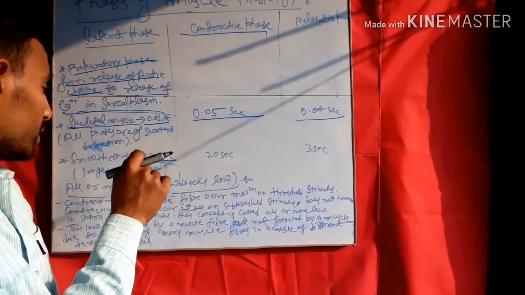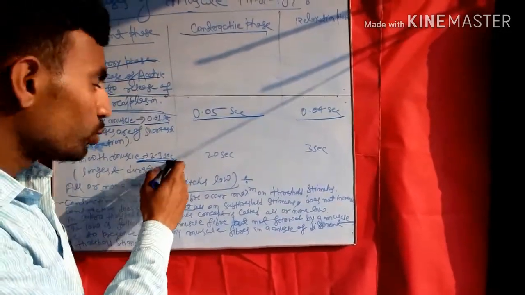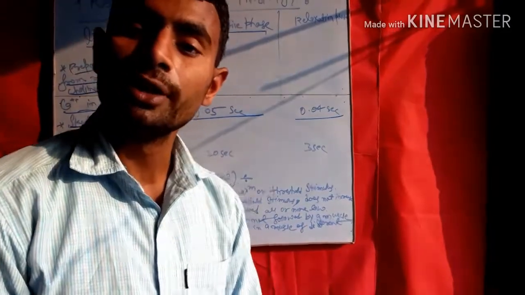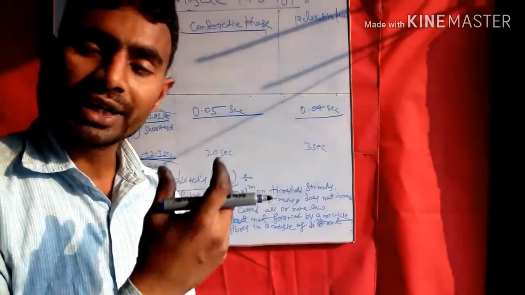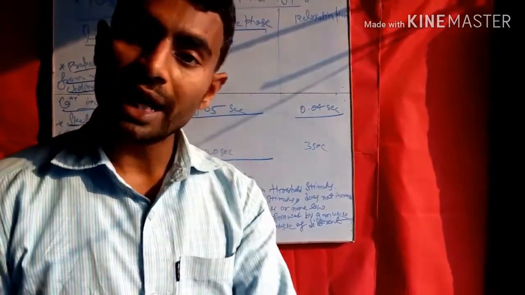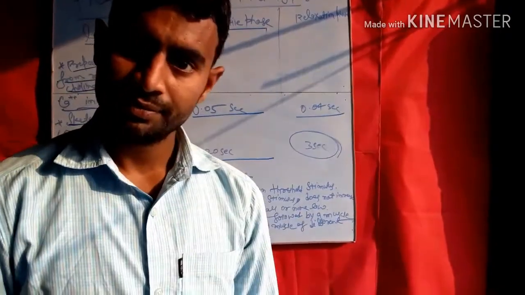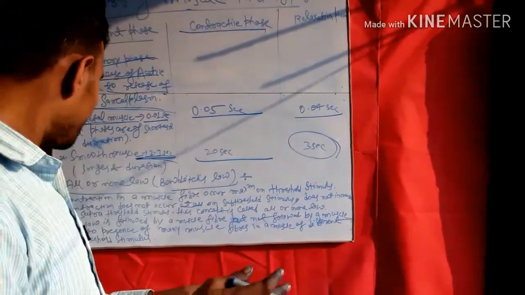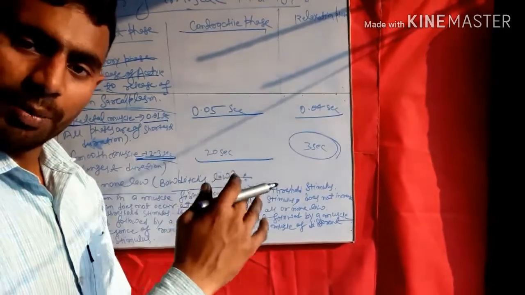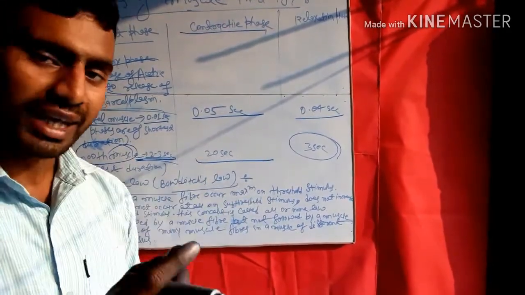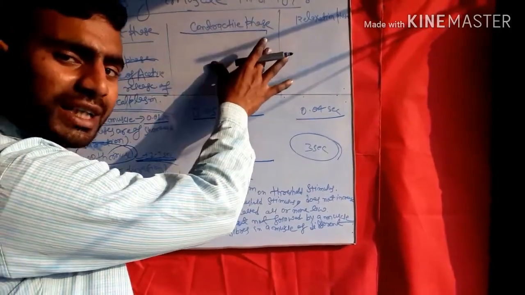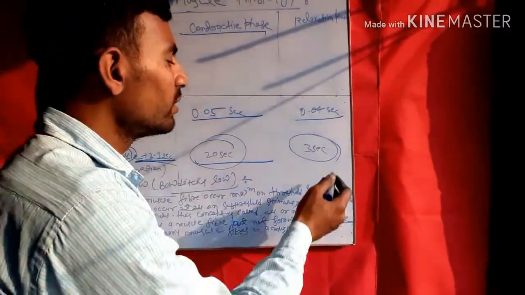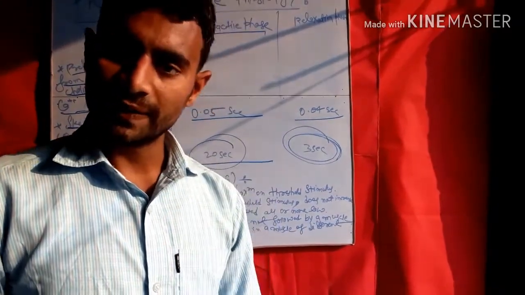The contractile phase of smooth muscle is 20 seconds, and relaxation takes 3 seconds. So for preparation for contraction, smooth muscle takes 2 to 3 seconds, the contraction phase is 20 seconds, and the relaxation phase is 3 seconds.